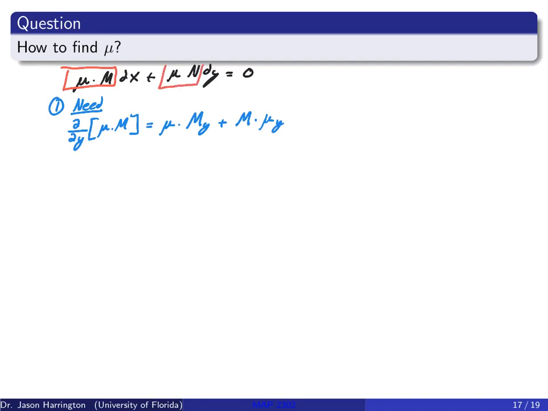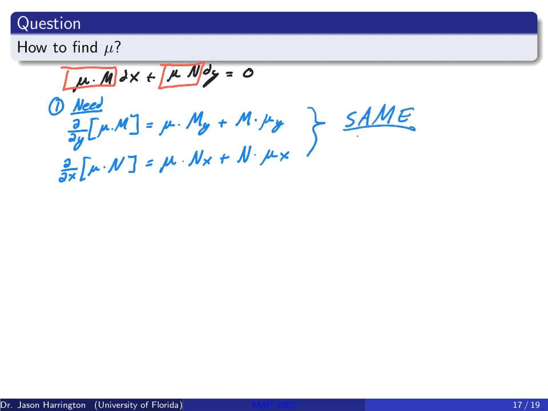If I take the derivative with respect to x, these two things should match up. So I'm going to have the partial derivative with respect to x of mu times N. And again, I'm going to use the old product rule here. So I have the first times the derivative of the second plus the second times the derivative of the first. And what this tells us is these two things have to be the same in order for all this to work. So let's do that.